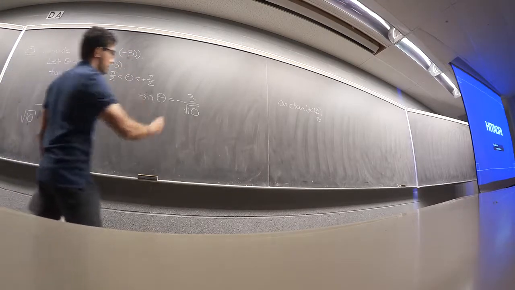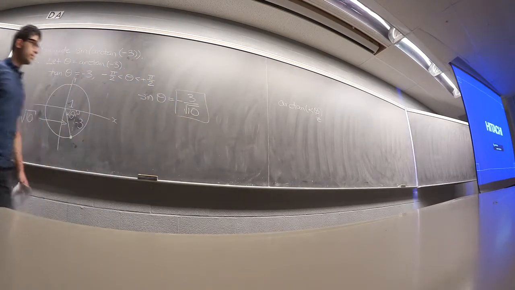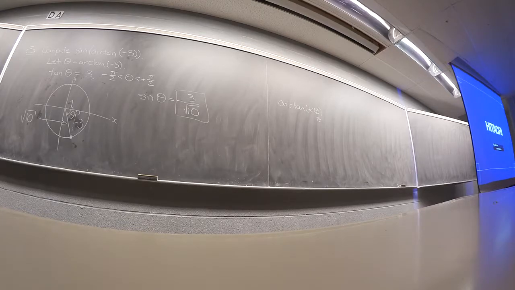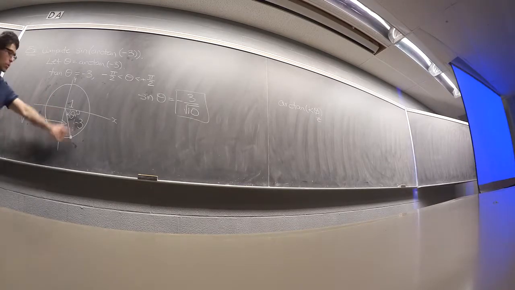And that's what we're looking for, that's the answer. Again, you can think O over H, or you could think that in a not unit circle, the sine is the y-coordinate divided by the radius.